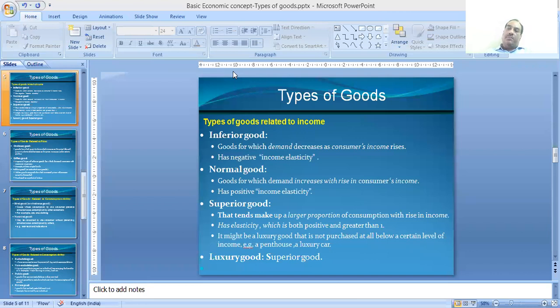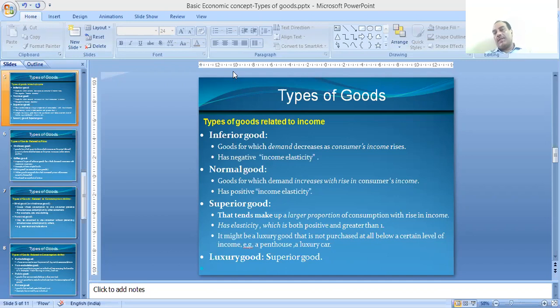So it is very important to understand that inferior goods are those goods whose demand decreases when there is an increase in the income of the consumer, and their income elasticity of demand is negative. Normal goods are those goods for which there is an increase in demand with the rise in consumer income.